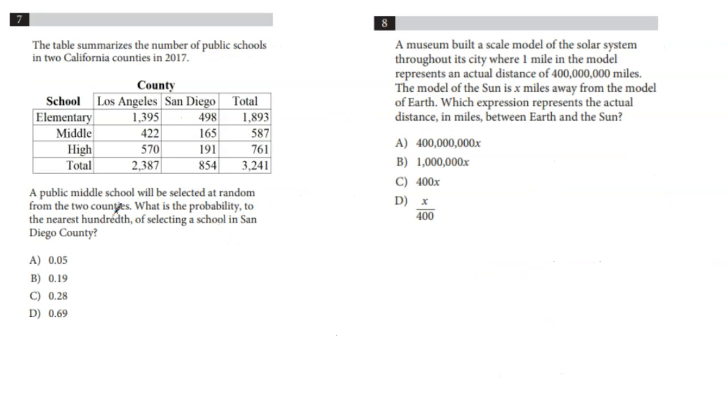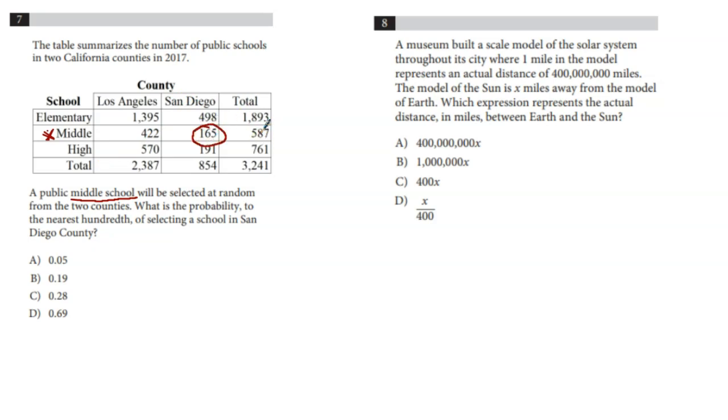Here is a probability question. So look at the table to know the keywords. They want us to look at the public middle schools. So middle school has to be your target, and they want us to select from the 2 counties. What is the probability, to the nearest hundredth, of selecting a school in San Diego County? So San Diego County, and the middle school is this.